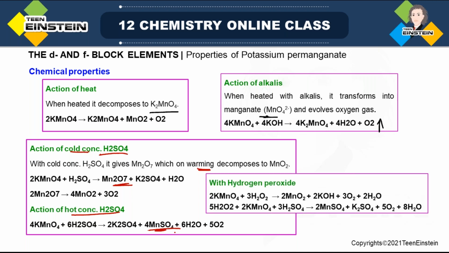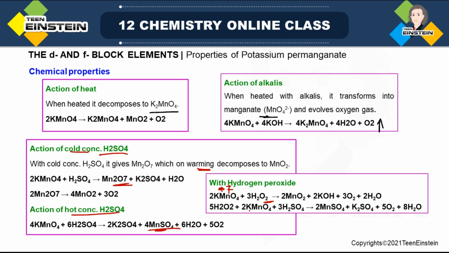How it reacts with hydrogen peroxide, that is H2O2. KMnO4, it is an oxidizing agent. We know that because Mn is having +7 oxidation state. So it is highly electron deficient. It will always have a tendency to accept electron. Now H2O2 can act as reducing agent as well as oxidizing agent.